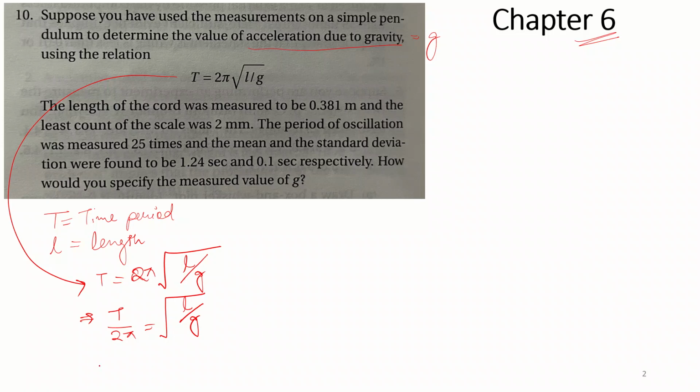Then we can remove the root by squaring both sides. What it comes as is G equal to 4 pi square L by T square.